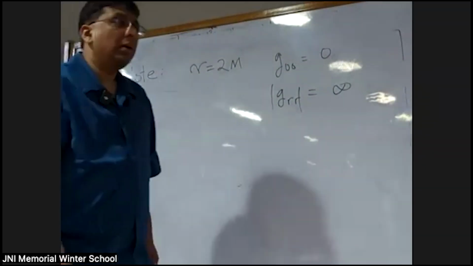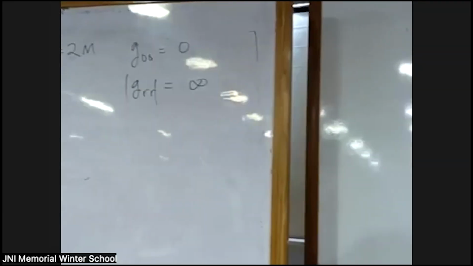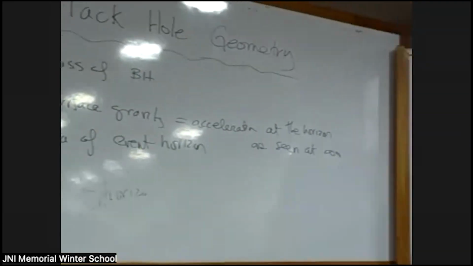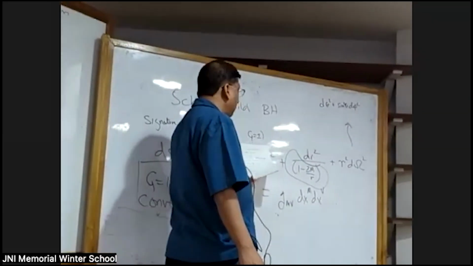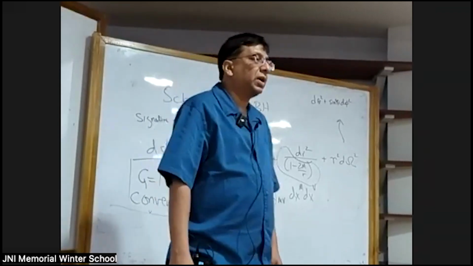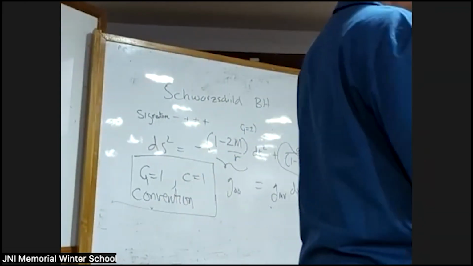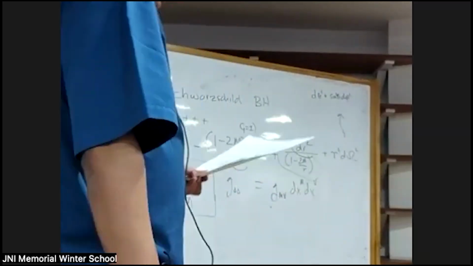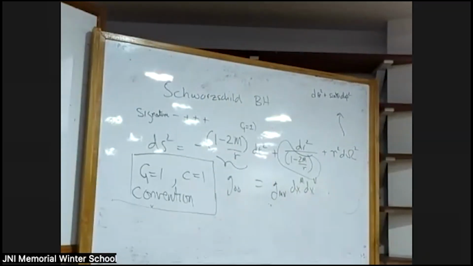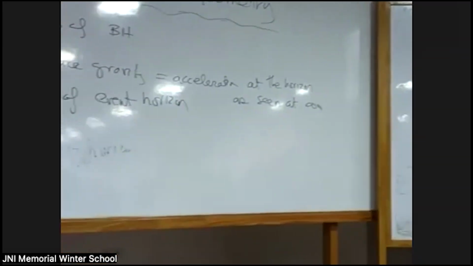Now, the fact that this whole thing disappears might make you think there's something wrong with the metric, that the system is breaking down. That turns out to be a coordinate singularity, not an actual singularity.